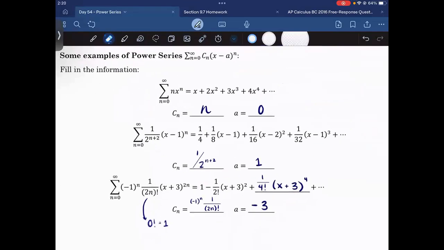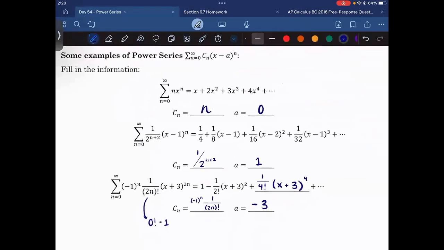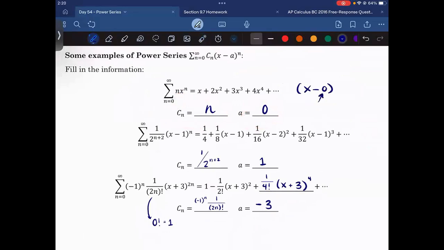So some examples of a power series. I already filled in the information, but I'll explain why I got this. So your C of n is your n right there, and we're starting at 0. And how do I know that? Because this would be x minus 0, and we're lazy, so we're just going to do x. So that's why I know it's 0. The next one, this is it. That's pretty easy to find.